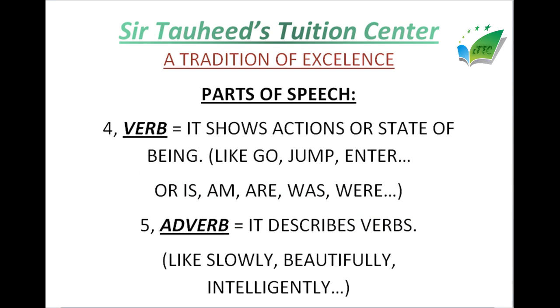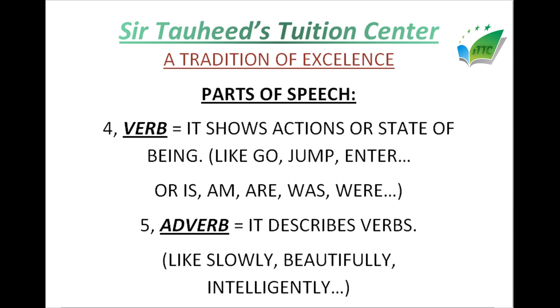Number 4 comes as verb. It shows actions or a state of being, like go, jump, enter, or is, am, are, was, were. Actually, a verb defines 2 types of things. So maybe the motions or some kind of actions in which you can see the movements.